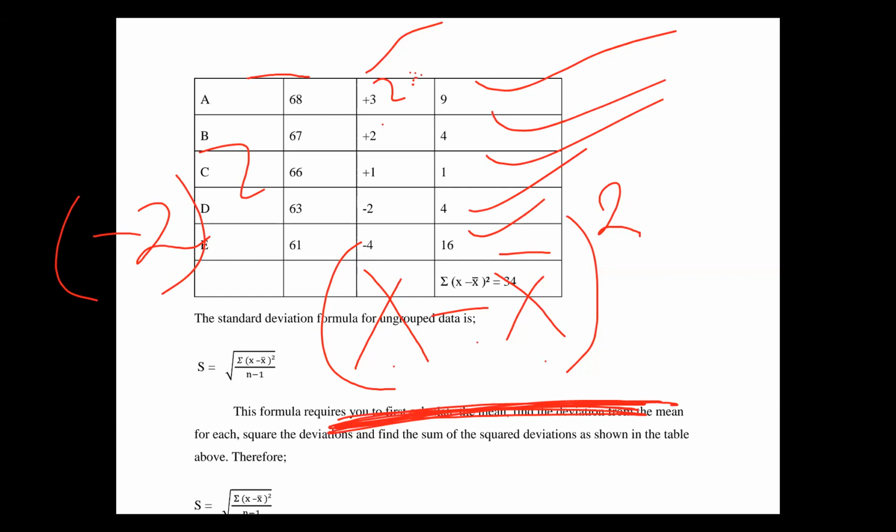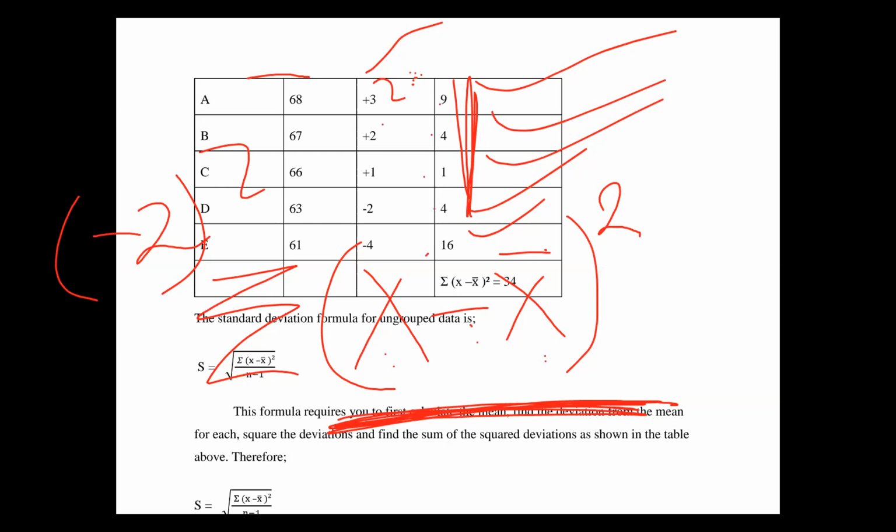Once you have that, you can sum everything. That is what this symbol, sigma, means: summation of X minus X bar squared. So you are simply adding everything: 9 plus 4 plus 1 plus 4 plus 16.